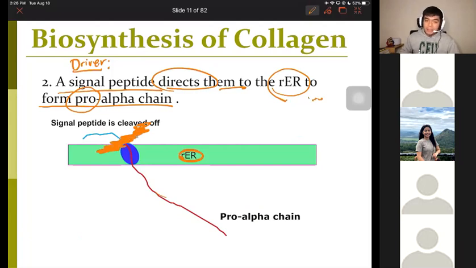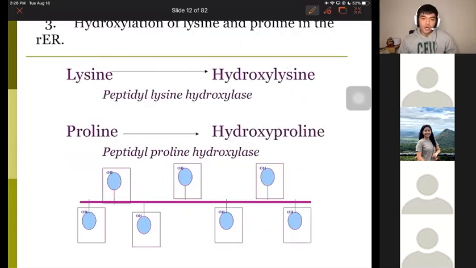When the time comes that the signal peptide is cleaved off, ang tawag sa natira, pro-alpha chain. Gets? Pag may signal peptide, anong tawag? Pre-pro o pro lang? Pag may signal peptide, pre-pro, very good. Kapag wala, anong tawag? Pro, okay? Pro-alpha.